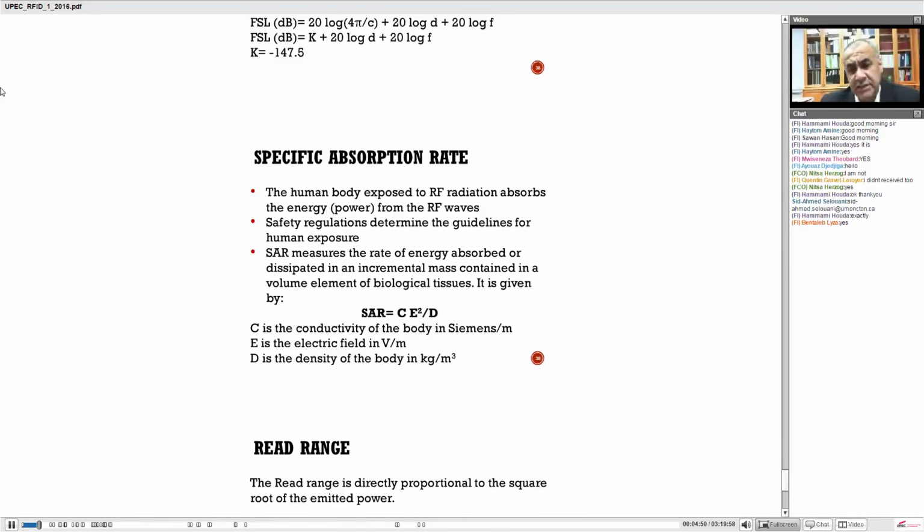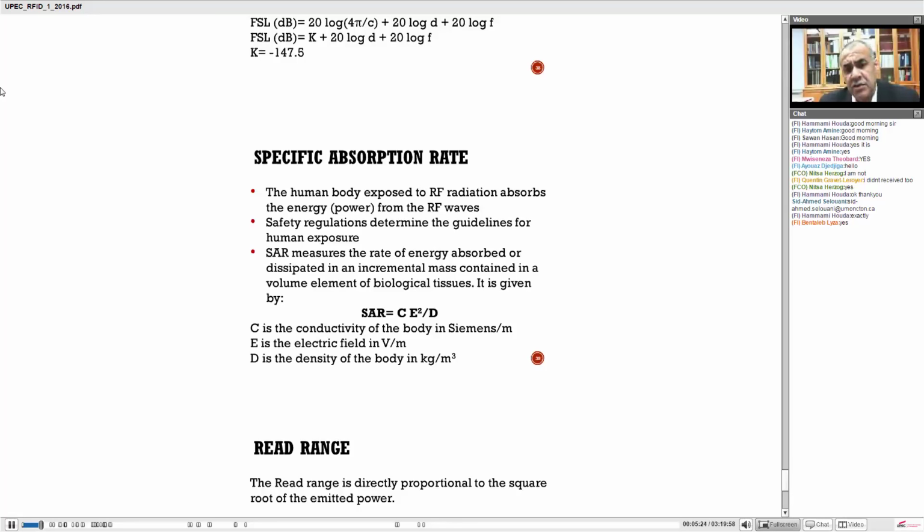The specific absorption rate is very important because this parameter is regulated by laws, by standards, and so on. Because you expose humans to the power of electromagnetic waves, you have to be aware of the amount you are sending. The human body exposed to radio frequency radiation absorbs power from the radio frequency waves.